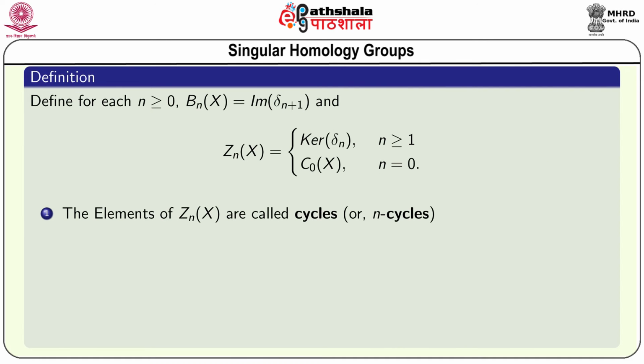Now, define for each n greater than or equal to 0 the subgroup B_n(X) as the image of delta_(n+1). As we know that delta_(n+1) is a homomorphism, so image delta_(n+1) will be a subgroup of C_n(X).